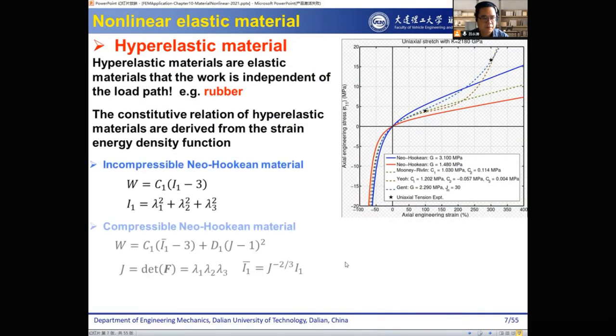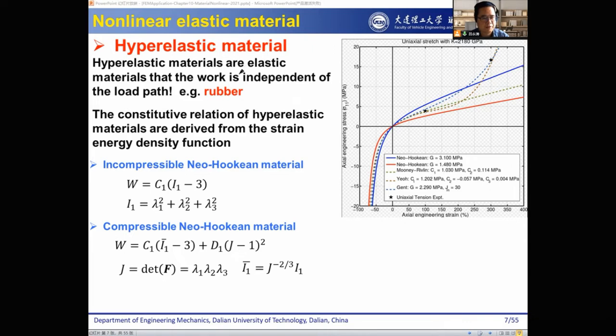Then let's have a look at the hyperelastic material. The hyperelastic material is also very common in our world. For example, the rubber, and also biological material like our soft tissue, like the skin and the muscle. They all are hyperelastic materials.